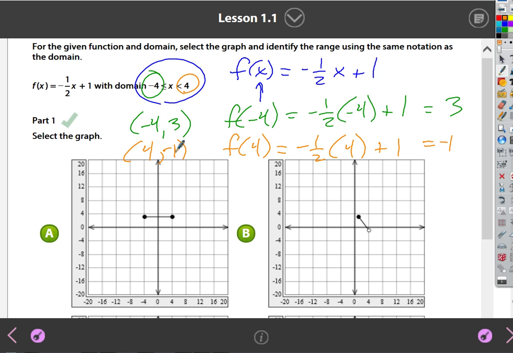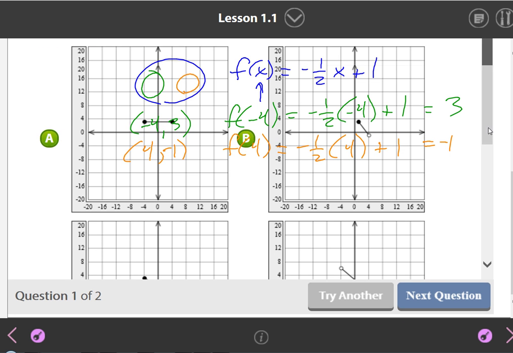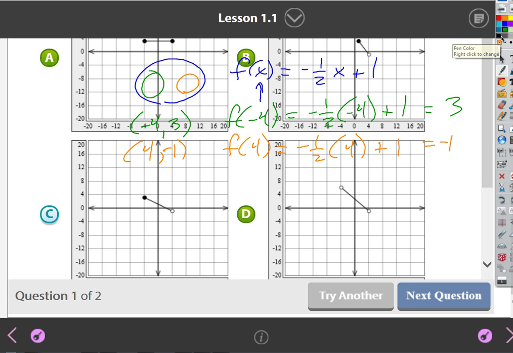So if we go down to our graph, there's our graph. Now we know that the left endpoint has coordinates -4, positive 3, and the right endpoint has coordinates positive 4, -1.